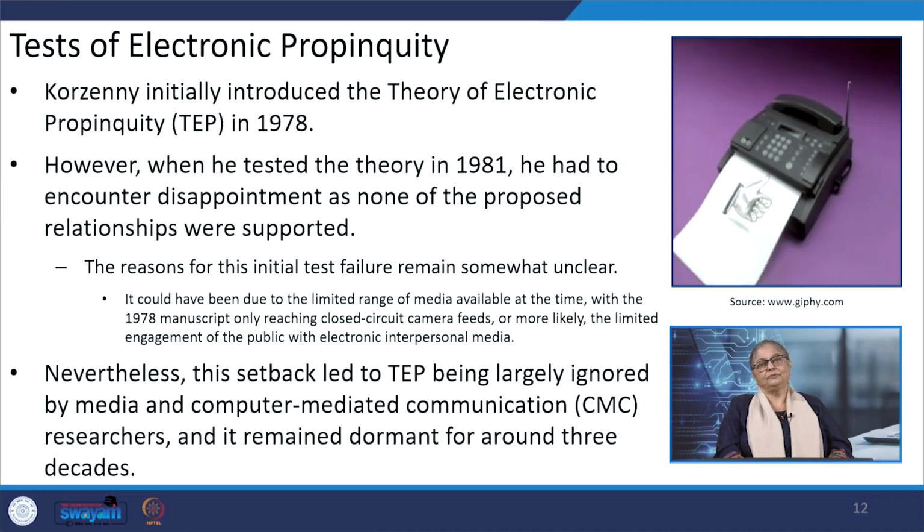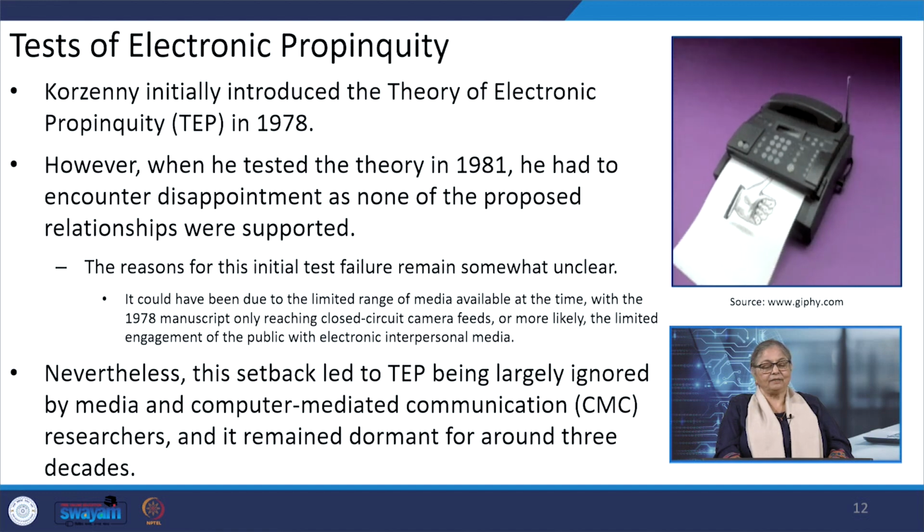Korzenny had introduced the theory of electronic propinquity in 1978. However, when he tested the theory in 1981, he encountered a deep disappointment as none of the proposed relationships were supported. The reason for this initial test failure remains somewhat unclear.